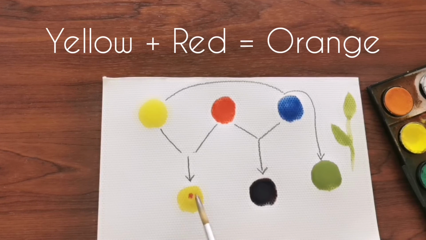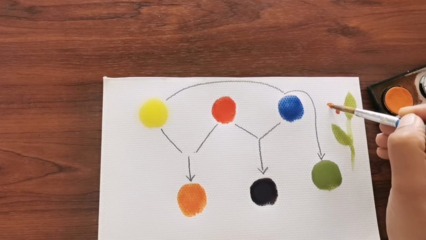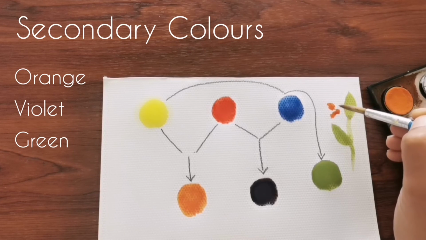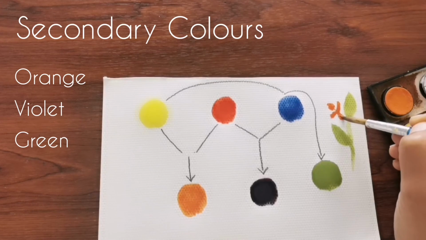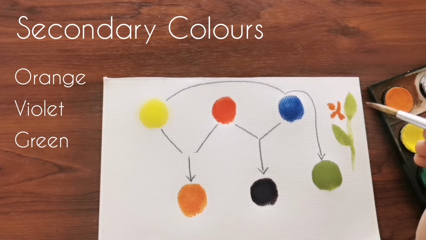Done with yellow. Now I'm adding some red, and yes, we got an orange shade. So now you know this green, violet and orange are the secondary colors, because we got them by mixing the primary colors. Anytime you run out of orange color, just mix some primary colors, red and yellow.